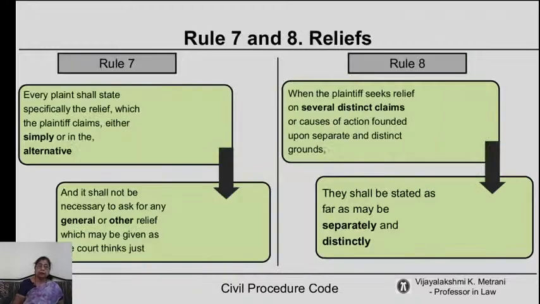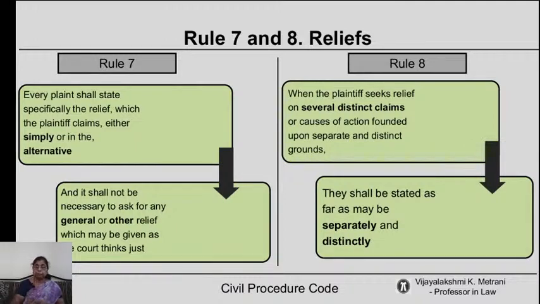Then the last one is rule 7 and 8, that is reliefs which are claimed. Now here there is a question. See, reliefs have to be claimed specifically, and we also said that if you ask for reliefs, suppose there are several grounds on which reliefs are claimed. Suppose you ask one relief, can you claim some other relief also?